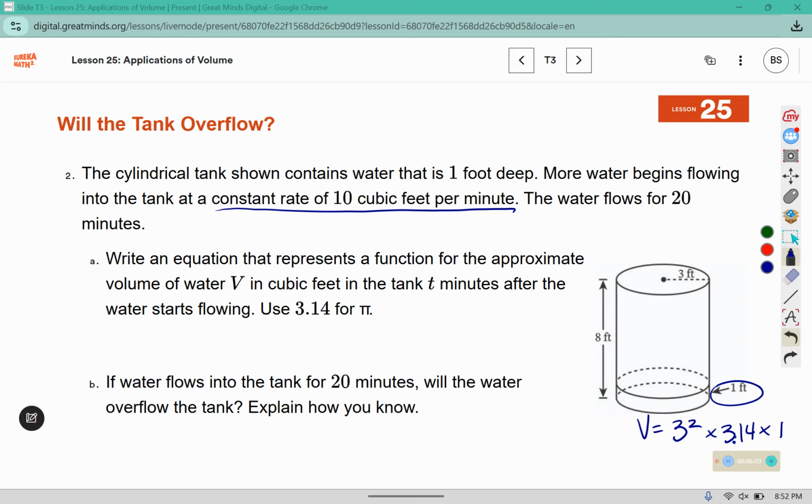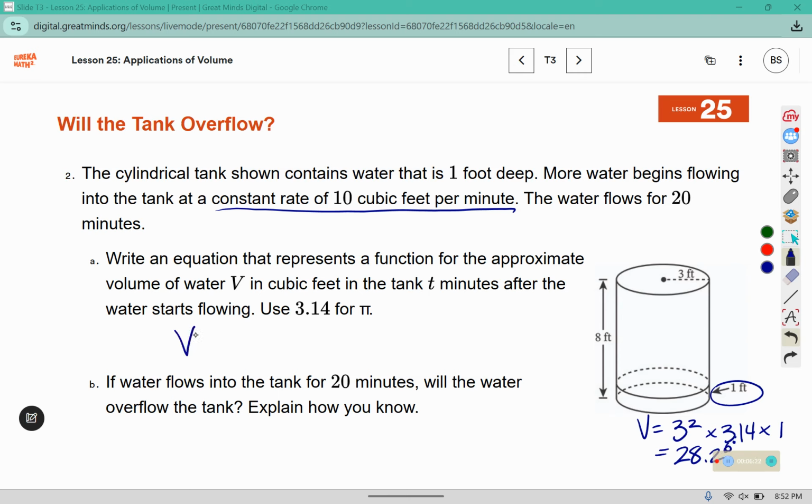So 3 squared is 9, and then 9 times 3.14 is 28.26, and if you multiply that by 1, it's still just 28.26.